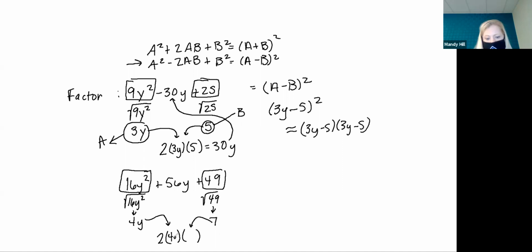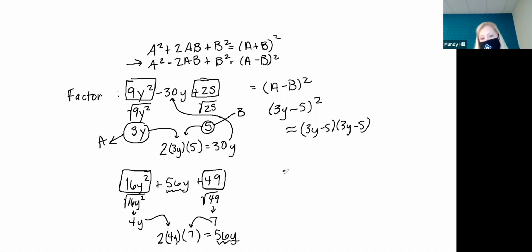So we would put 4y and we would put 7 here. And 2 times 4 is 8. 8 times 7 is 56. And then we're going to come back and get our y that we didn't put. And you want to see, does that match this middle term? And yes, it does. And if it does, you can use the trick. So we're going to look up, both of these are pluses. So when I look up here, I want to use the one that has both of them plus for my formula.